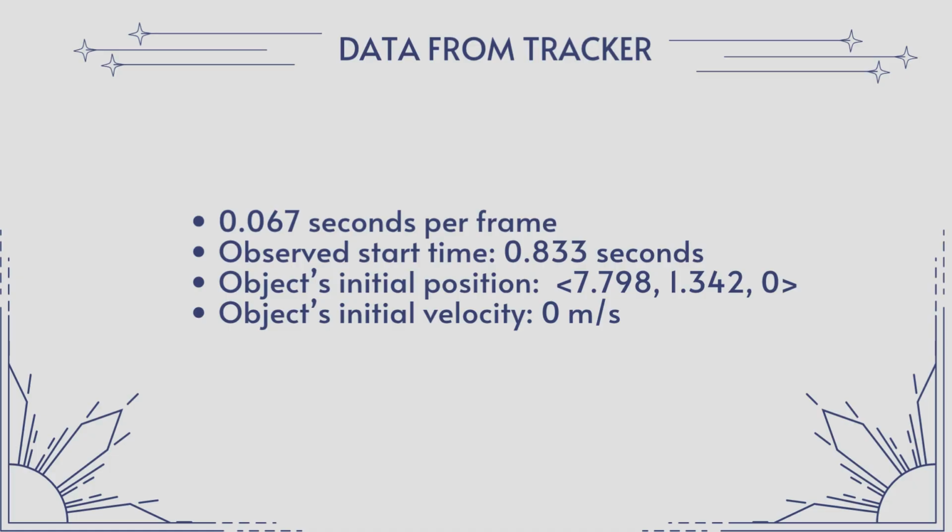So it was 0.067 seconds per frame. Our observed start time was 0.833 seconds. And then the object's initial position is 7.78 or 98, and then 1.342, and then 0. And then the object's initial velocity is 0 meters per second.